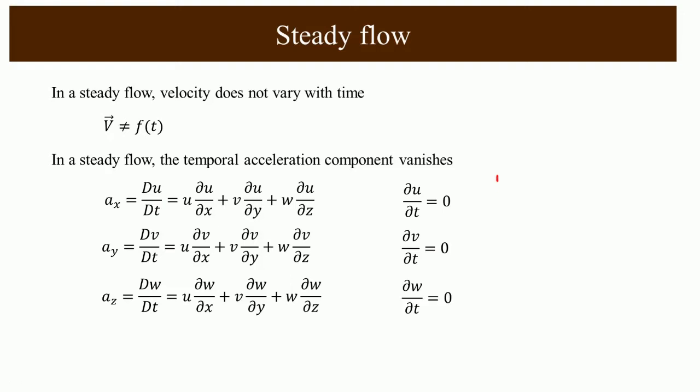Now if I have a flow field defined by the coordinates x and y, and a point 1 here, the velocity at this point, say, is v1.